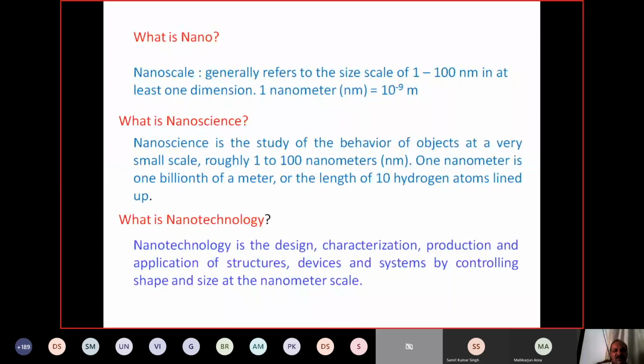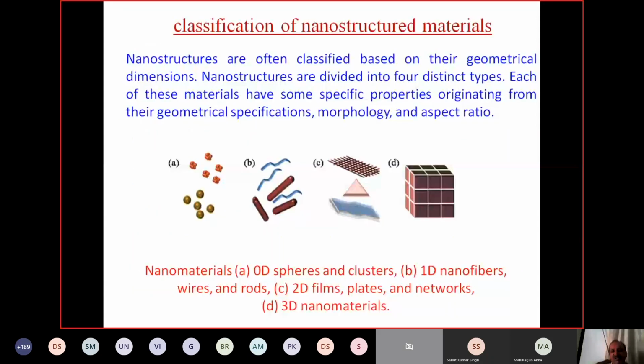It is the complete design, characterization, production and application of structures, devices and systems by controlling shape and size at the nanometer scale. We call that nanotechnology. Just now I explained which material is called a nanomaterial, based on length, breadth and height, the three dimensions.